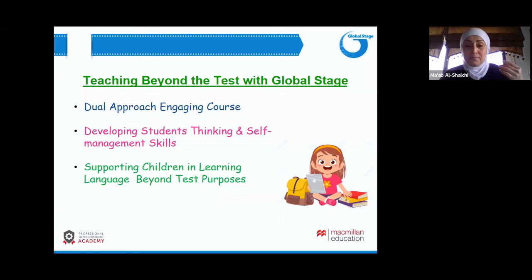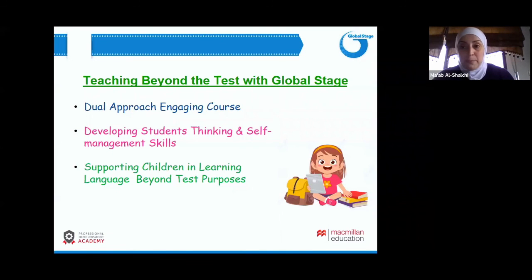And so teaching strategies is the most important thing. This is what helps them move beyond test purposes. This is what helps them and their parents and administration look at tests differently.